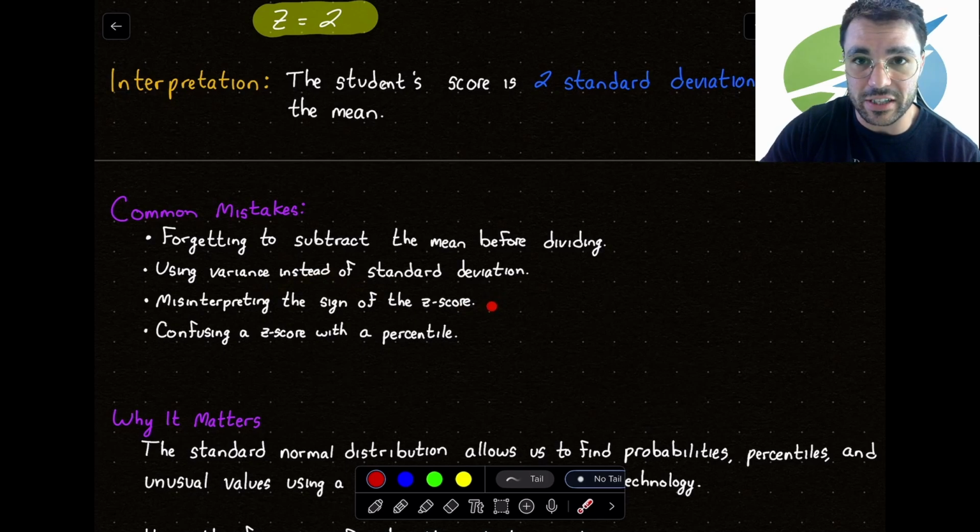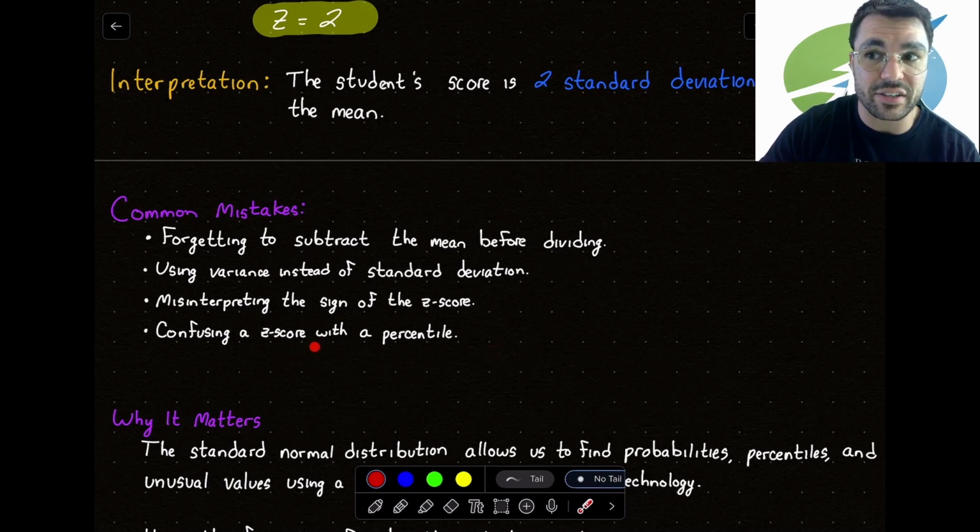Sign is important. These could be positive or negative. We will go into that more later. And lastly, confusing a z-score with a percentile. That's kind of a good one. They are super similar. Percentiles will always be on a scale of 0 to 100%.